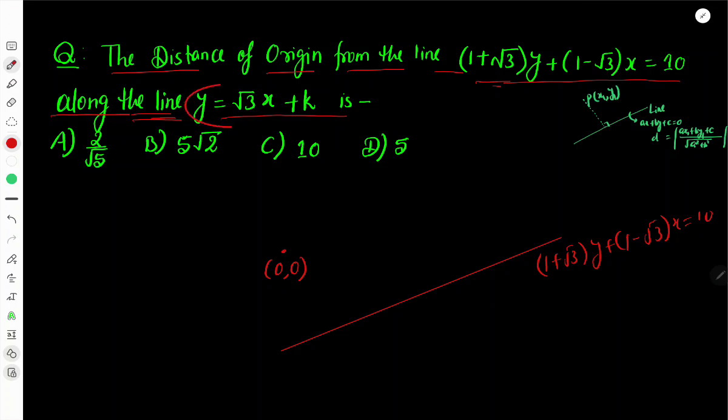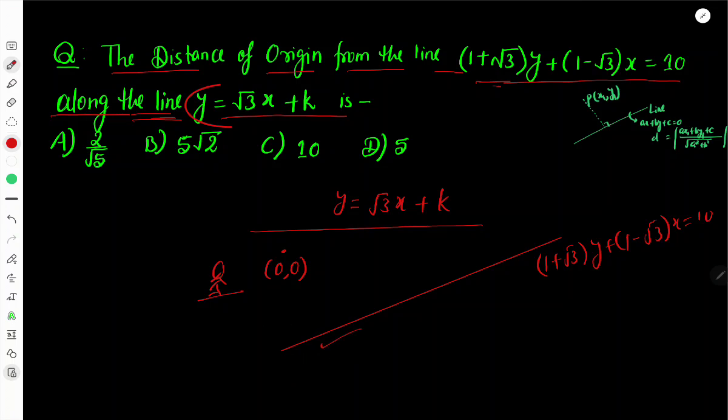Let's say the second line is y is equal to root 3 x plus k. As you want, you can make it. I'm just taking a rough picture here. Now along this line means what? Like if I say a boy is here, and he has to touch this wall.